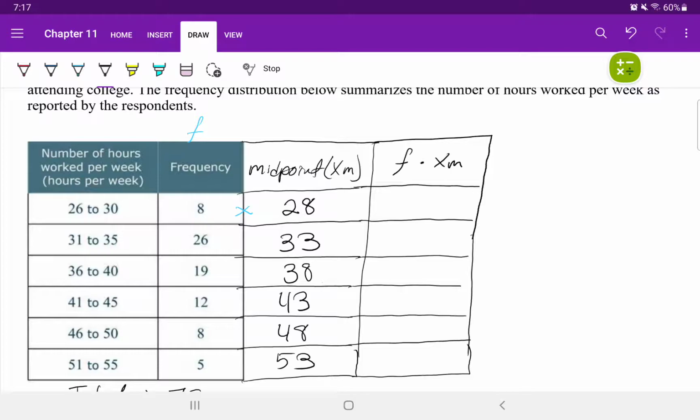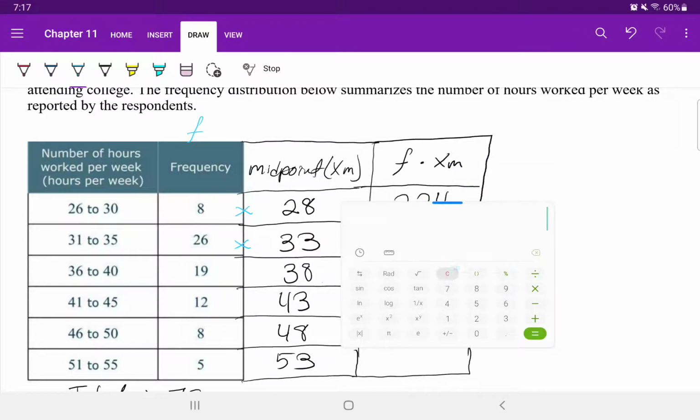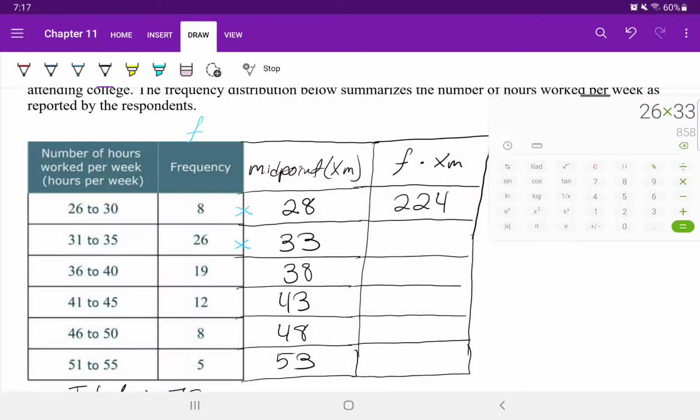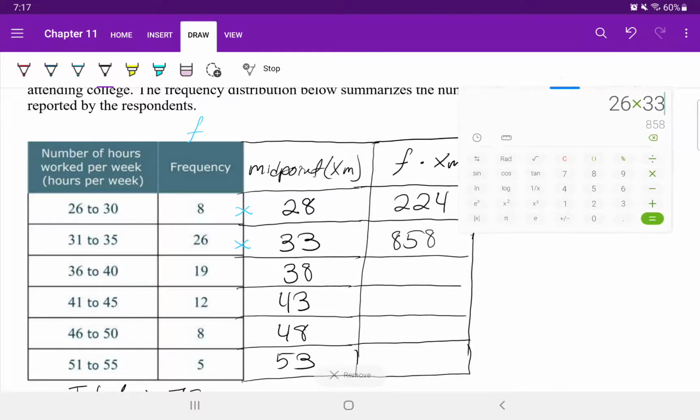8 times 28. That's 224. Next one is going to be 26 times 33. Now, I want to say 858, but I could be wrong, so I'm not going to guess. Let's multiply. 26 times 33. Ooh, my math is actually good. Okay. 858. 19 times 38. I think it's 722.